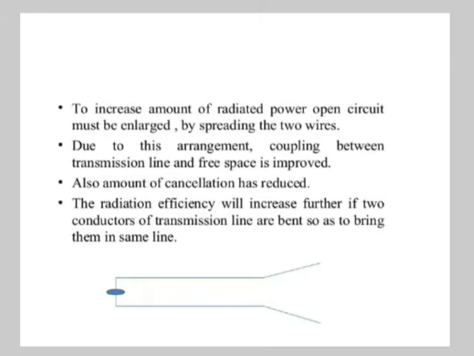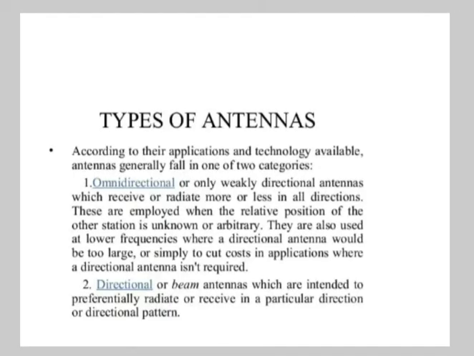So, to increase the amount of radiated power, the open circuit must be enlarged by spreading the two wires. Due to this arrangement, the coupling between the transmission line and free space is improved. Also, the amount of cancellation is reduced and the radiation efficiency will increase further if the two conductors of the transmission line are bent so as to bring them in the same line.